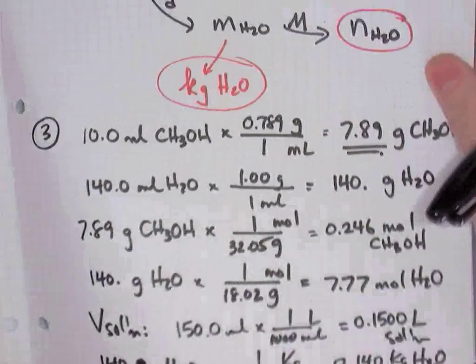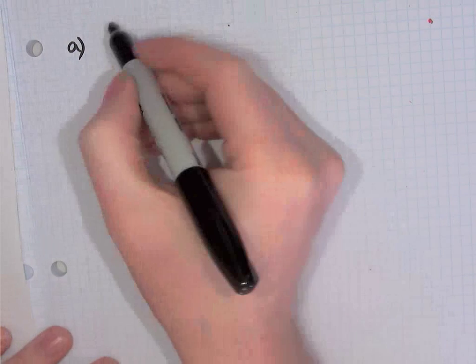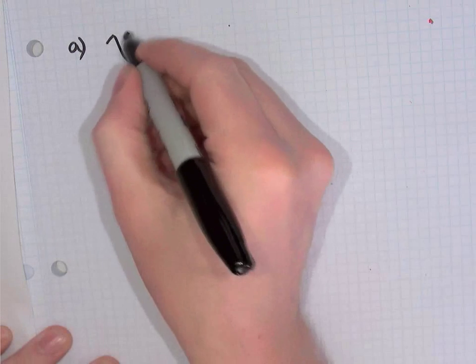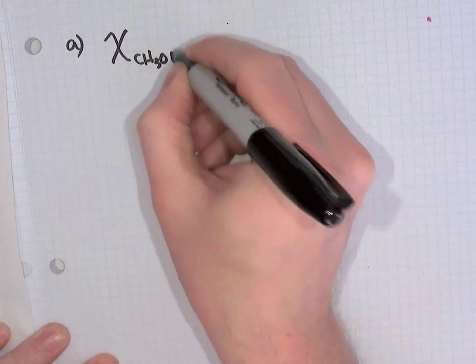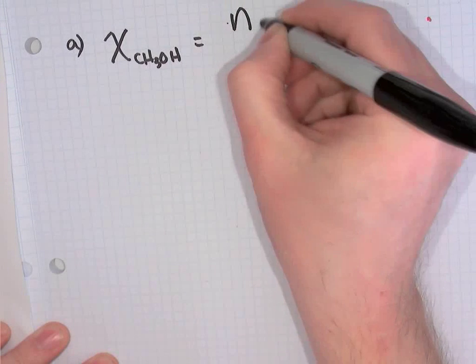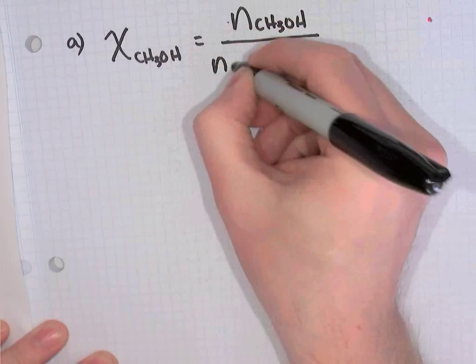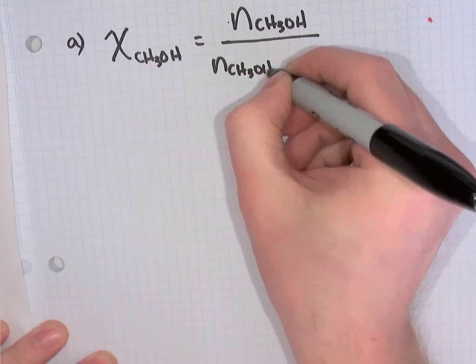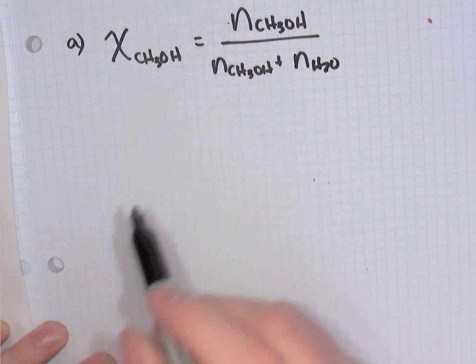So let's tear that out, put it beside me here. Part A asked us to find the mole fraction of methanol in the solution. The symbol for mole fraction is that scripted X. The mole fraction of methanol is the moles of methanol divided by the moles of methanol plus the moles of the water, the total moles in the solution.